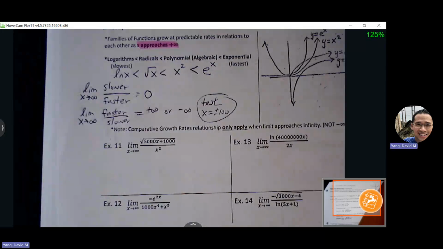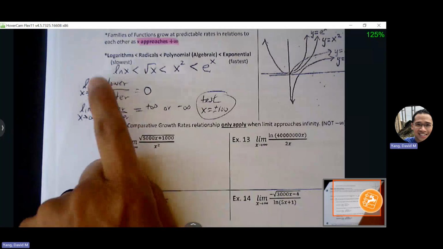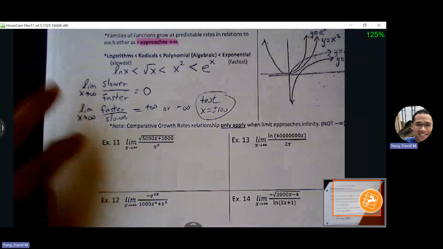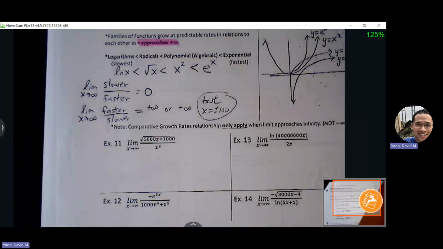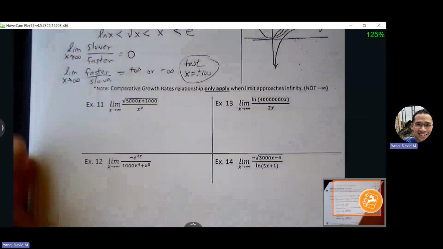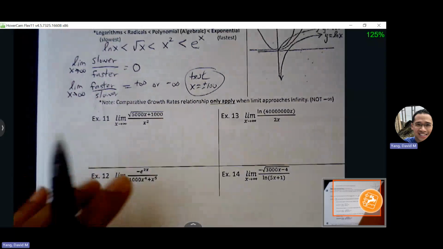So if I have one family of function above another, and I'm approaching infinity, and I can tell which one is growing faster and slower, then your limit is going to be either 0 or plus or minus infinity. That's a nice tool to have, especially if your function looks really messy and you're wondering what's going to happen here.